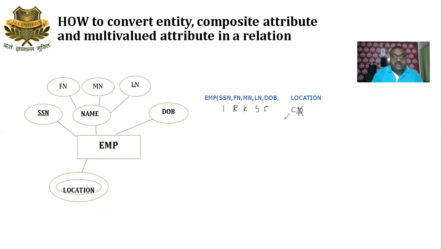The solution is you can write the row again, with the same serial number, R, K, S, February over here, and Delhi over here. Now, yes, you write Calcutta and Delhi as two rows, but this is also not possible.